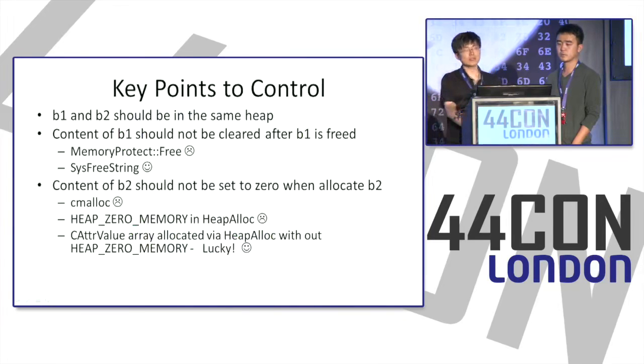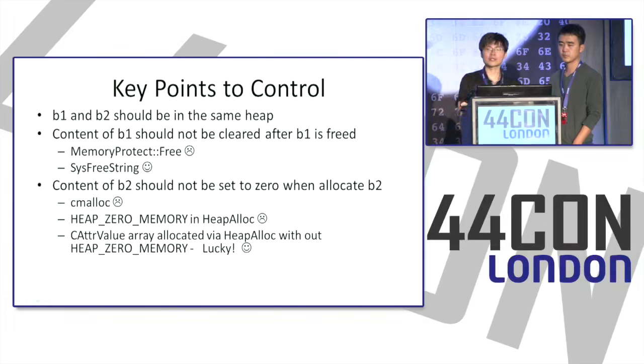There are some key points to control. First, obviously, B1 and B2 should be allocated in the same heap. Next, the content of B1 should not be cleared after B1 is freed. This is based on the implementation of the object. Some objects will be zeroed out after they are freed, and then we cannot use these objects. And third, the content of B2 should not be zeroed out after we allocate B2.